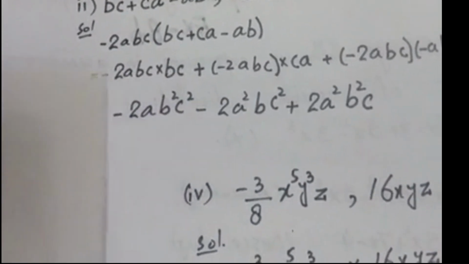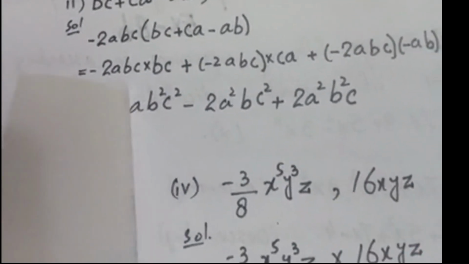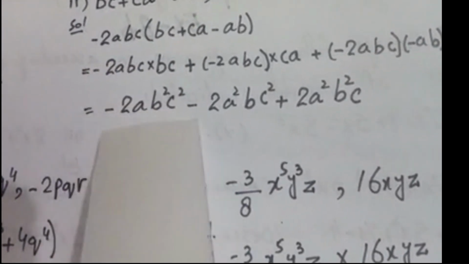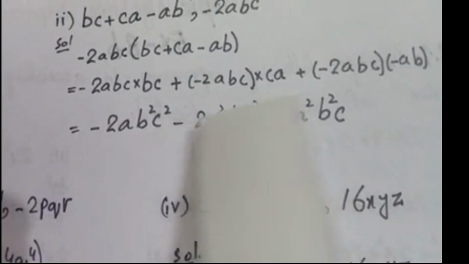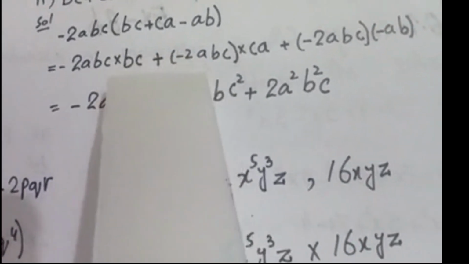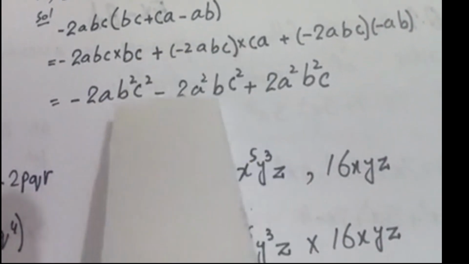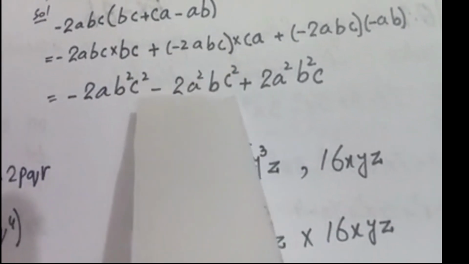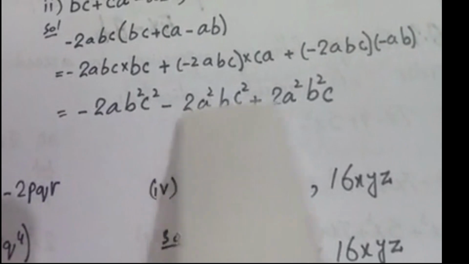Minus 2, A will be as it is, B and B will become B square, C multiplied by C will become C square. Similarly here, minus 2ABC into CA: minus 2 will be as it is, A and this A will become A square, B is only a single term, this C and this C will become C square.